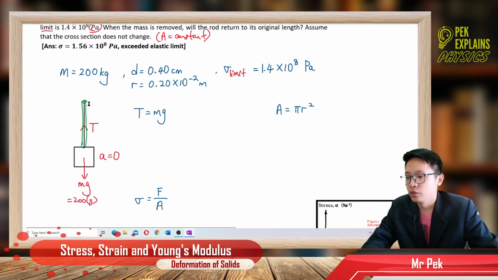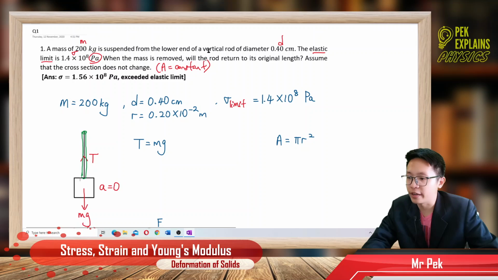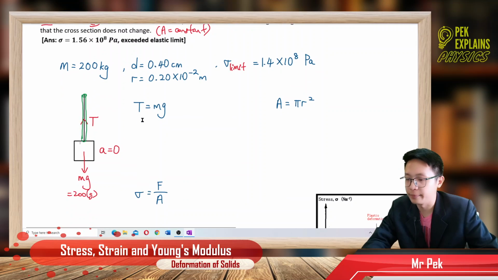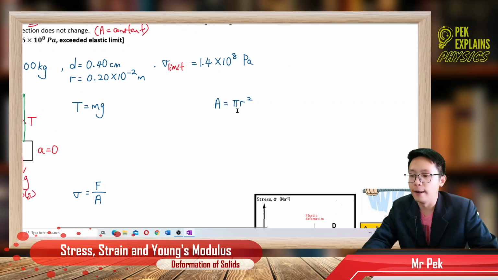So first of all, we can find the cross-sectional area of the rod, because we have the diameter. We need it.